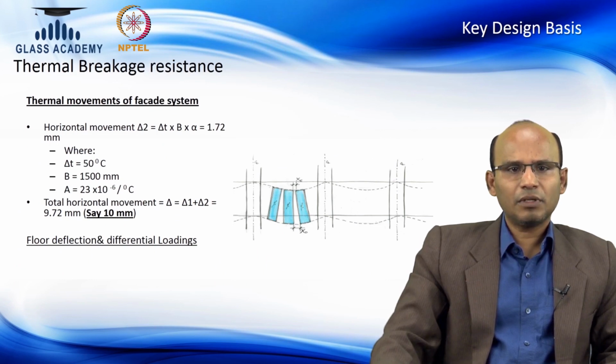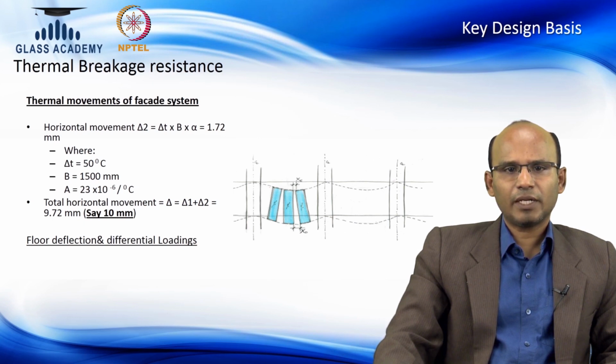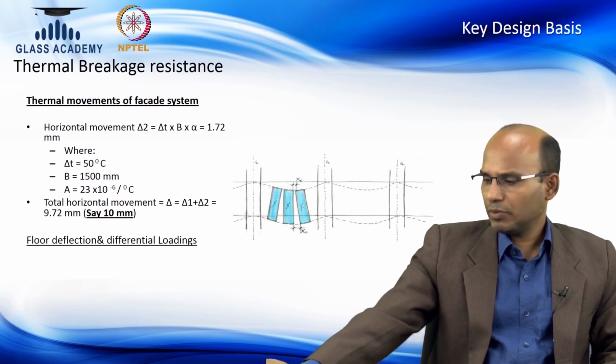Another aspect is thermal movement that we have seen previously. The same formula is adopted here, delta T times panel length times thermal expansion coefficient. So the engineer should make sure he checks for the combination of floor movement and thermal movement.